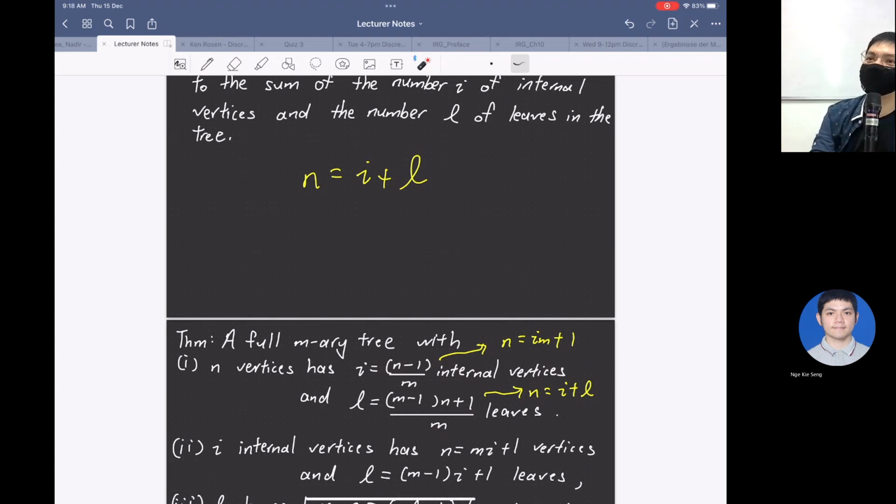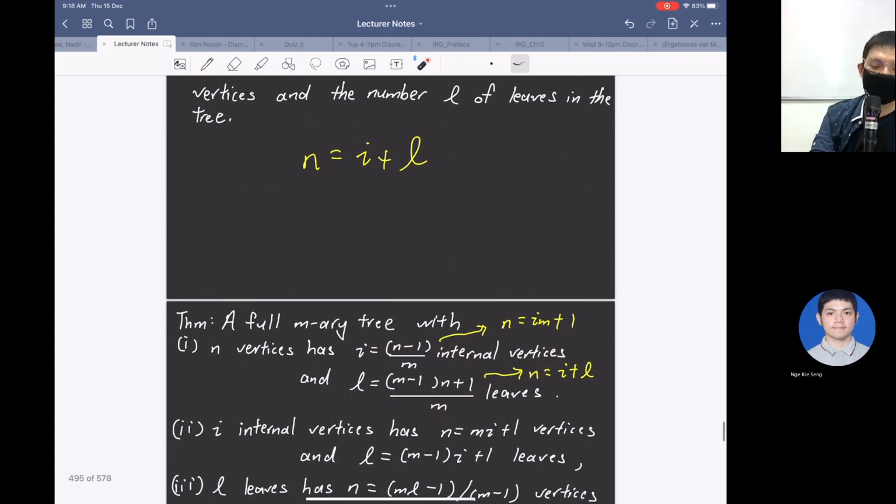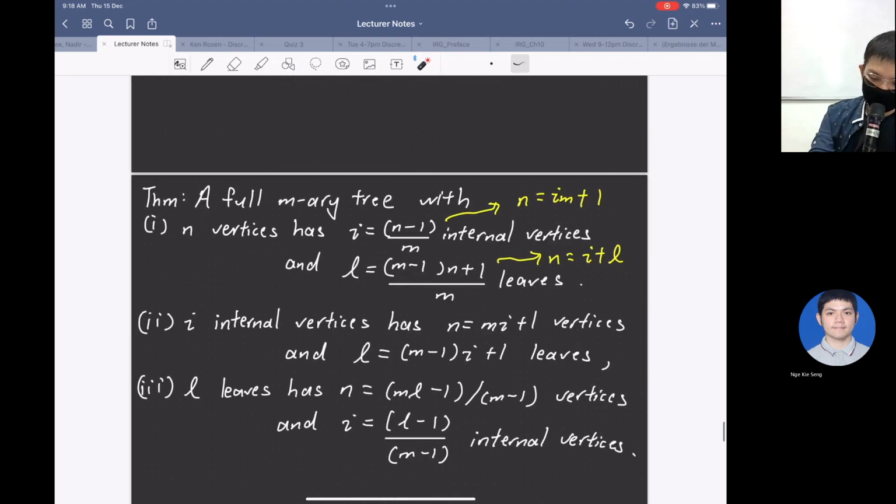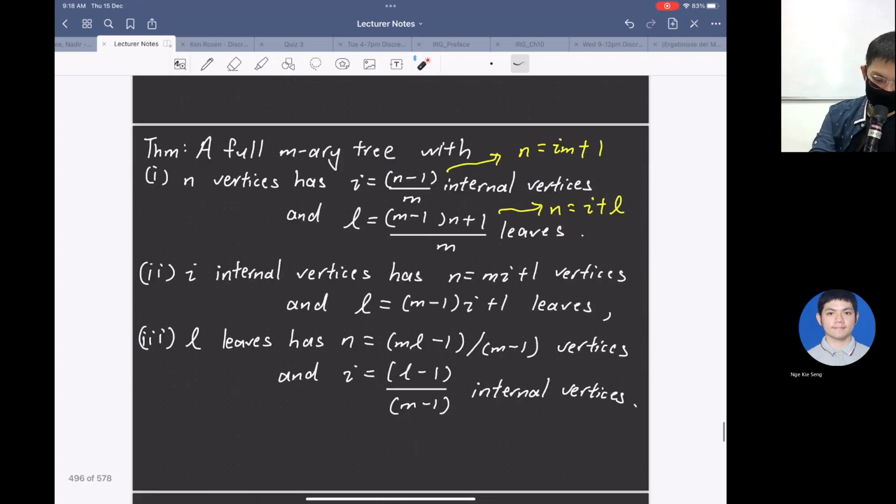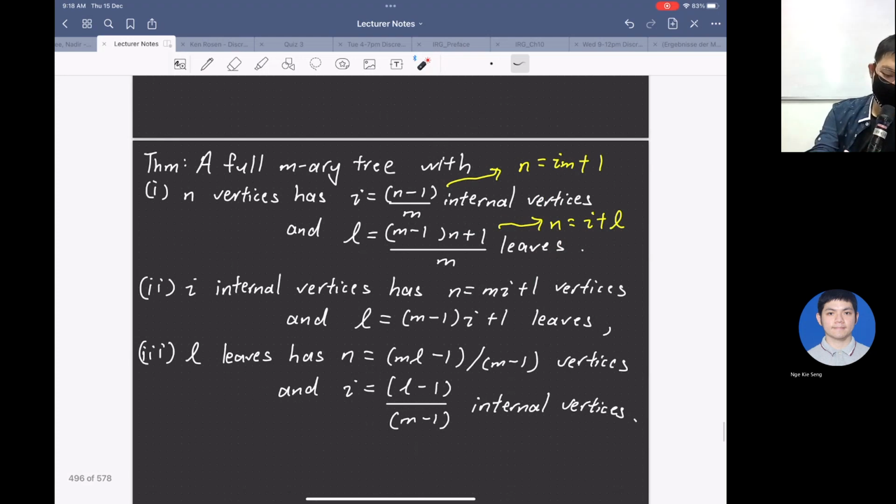Are you happy with it? Yes. So you just take n minus i. And similarly, if I tell you exactly how many children every internal vertex has and the number of internal vertices, then you can compute the vertices and leaves. You can see that you just use the same formula.